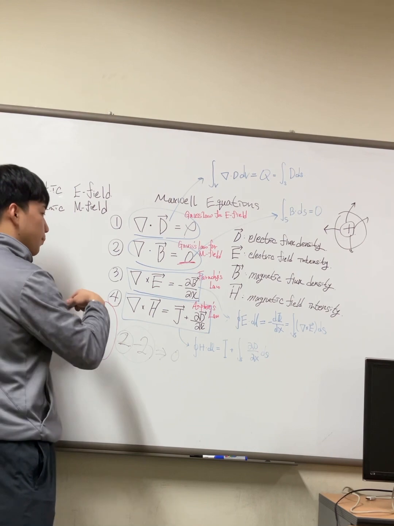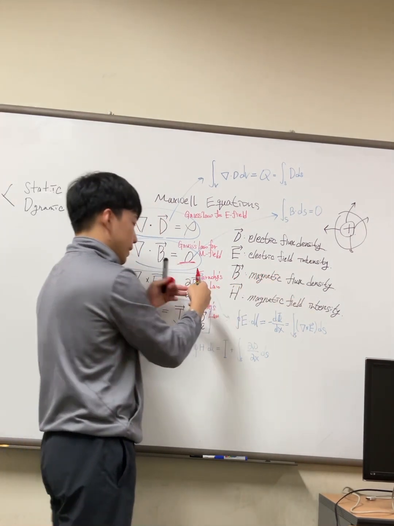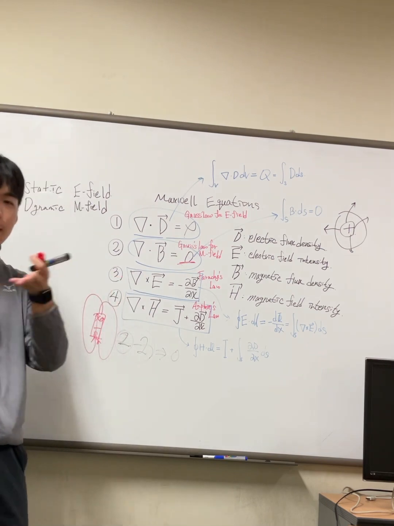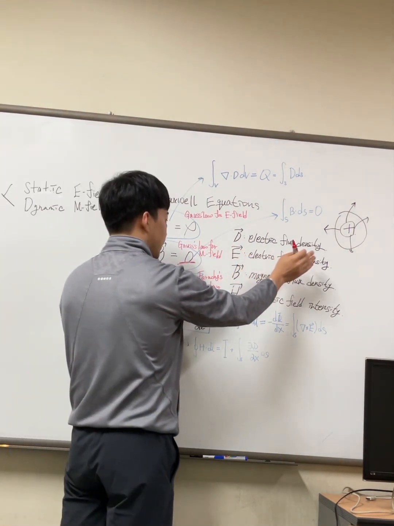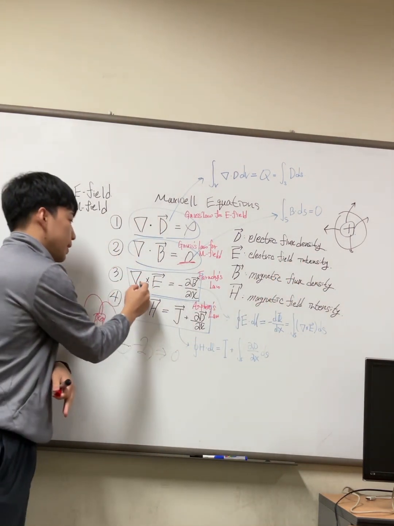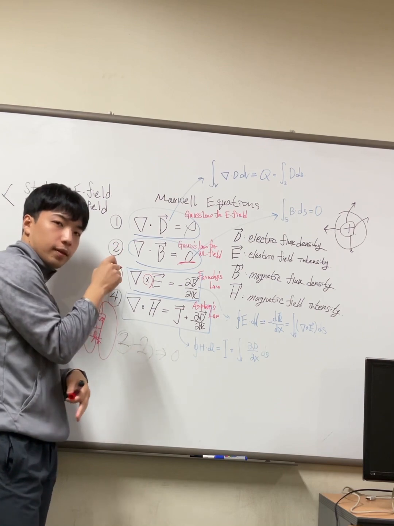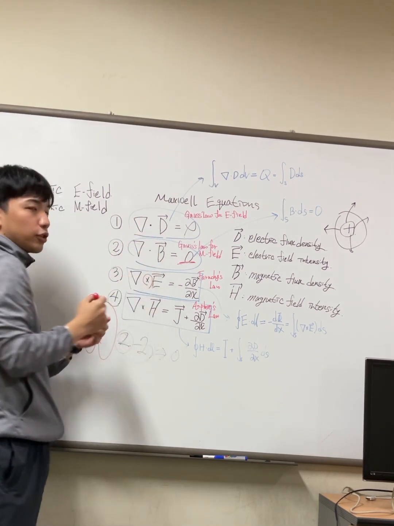Then let's go. If the magnetic flux density changes as time goes by, then the electric field intensity will change. How? It means current. It is a difference from this divergence.